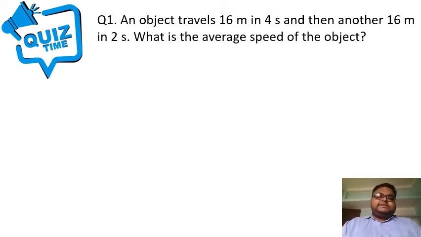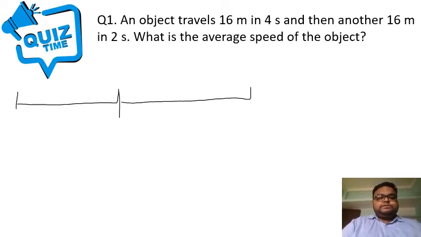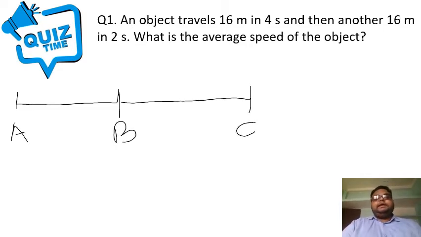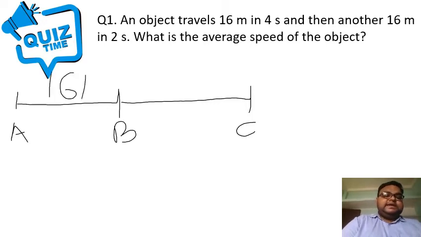Now let's see how this question can be solved. Let me illustrate this question once more. Let's say there is an object traveling from point A to point B and from point B to point C. The distance between point A and point B is 16 meters.